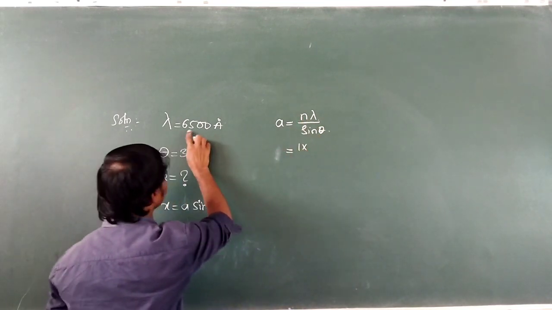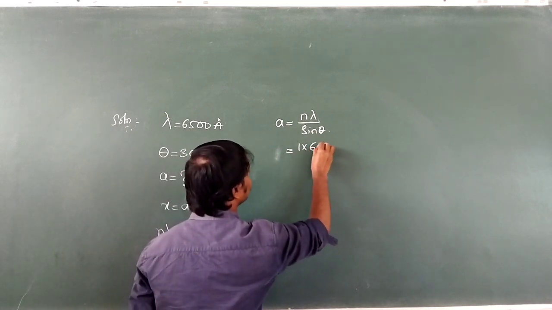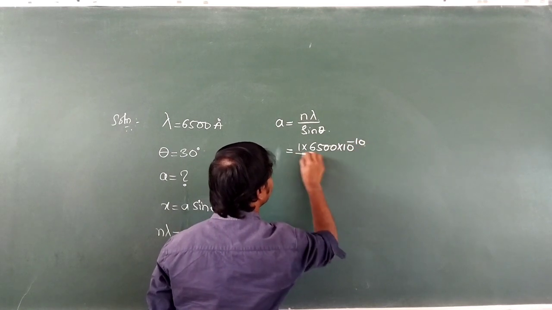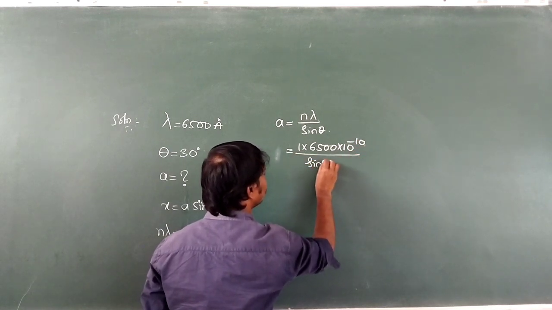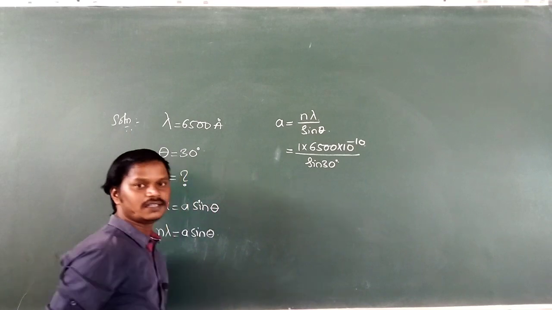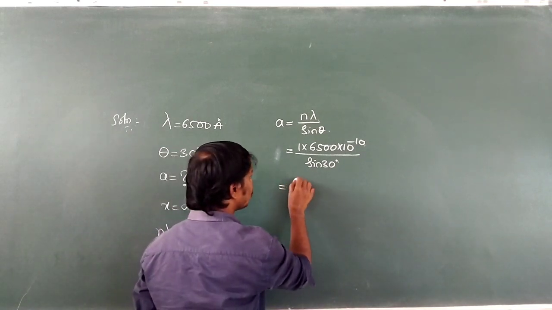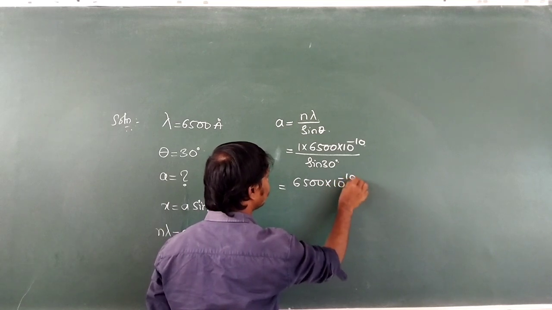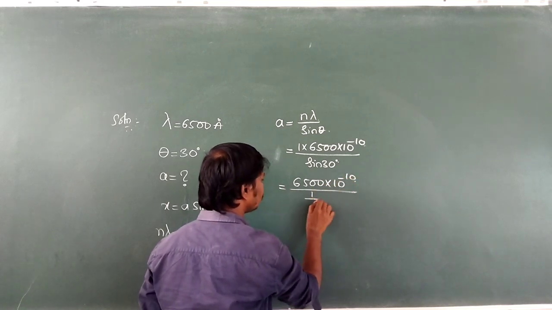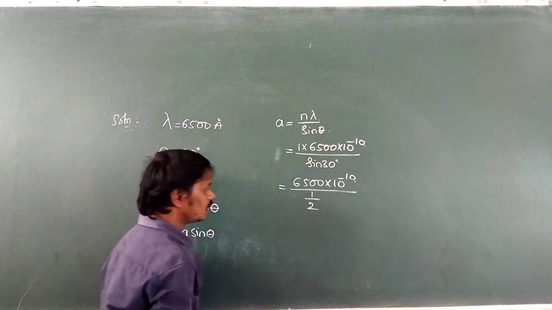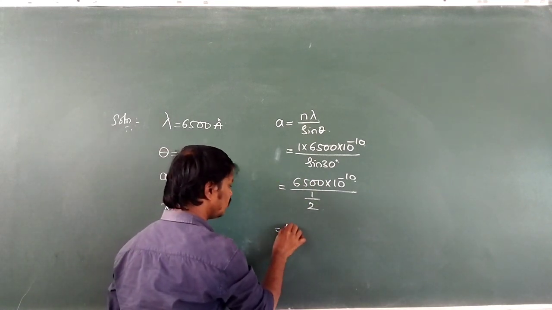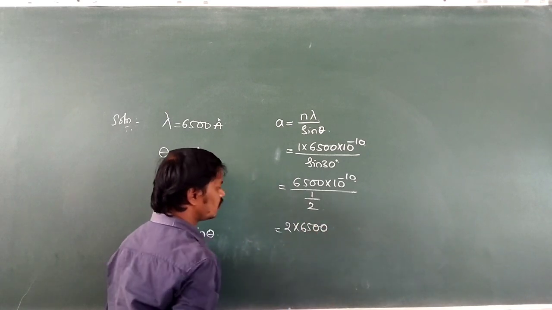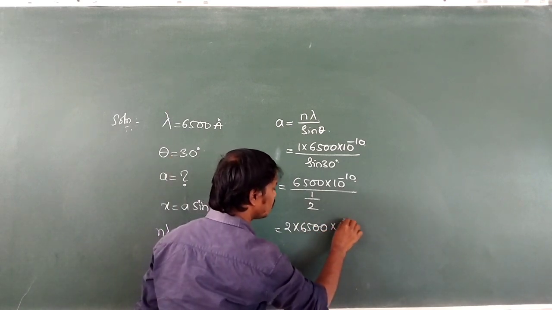Then how much wavelength is given? 6500 into 10 to the power of minus 10. Then sin 30, and sin 30 is 1 by 2. So 6500 into 10 to the power of minus 10 is divided by 1 by 2. Then 2 comes to the numerator, so 2 into 6500 into 10 to the power of minus 10.